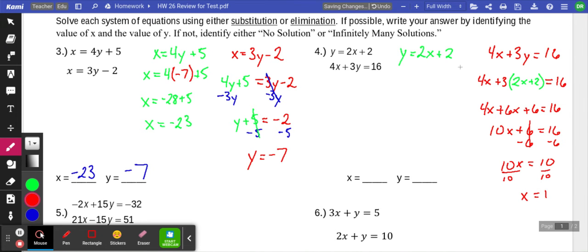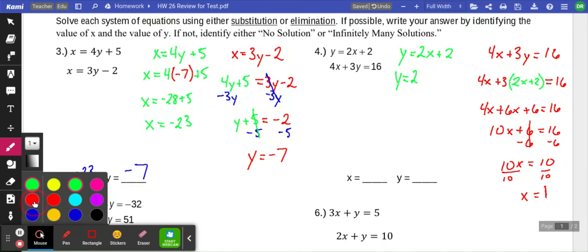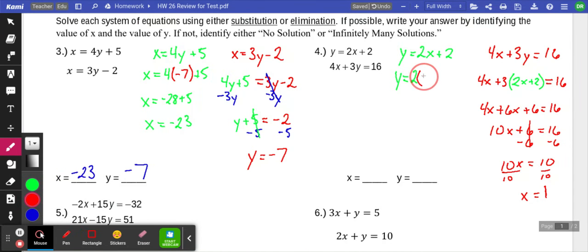And again, now that we have a value for x, we can use that wherever we need to. So anywhere we have the letter x, we can replace it with this value of positive 1. And so if we go to our first equation in green here, it says y equals 2 times x plus 2, but we can replace that x with a value of positive 1.